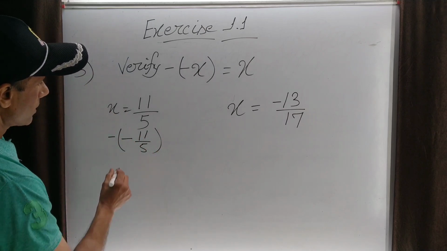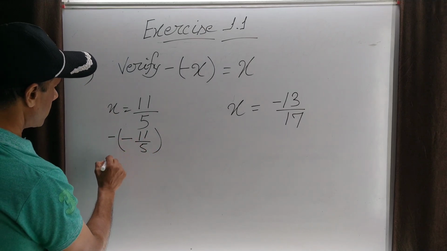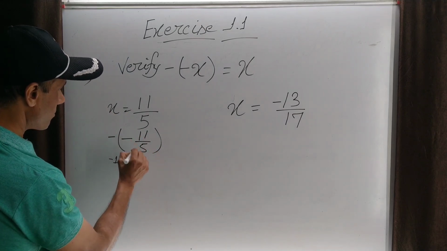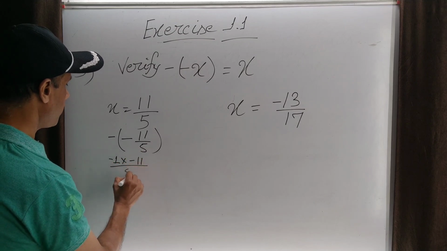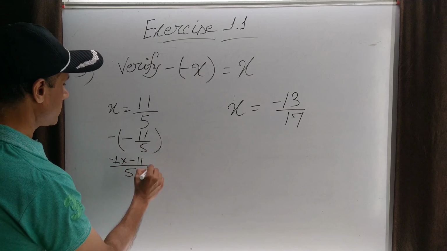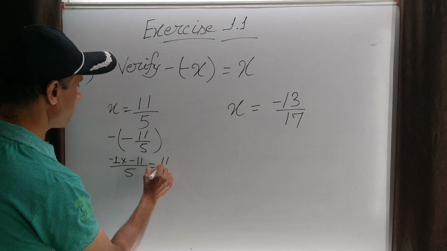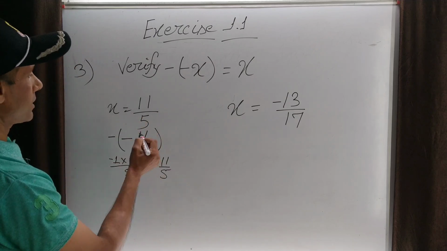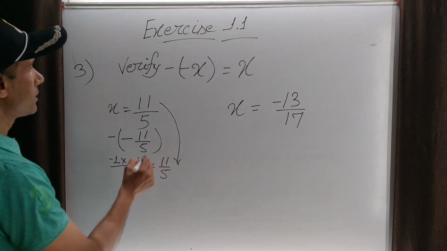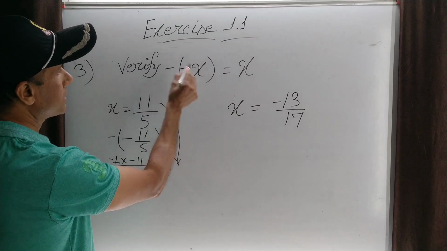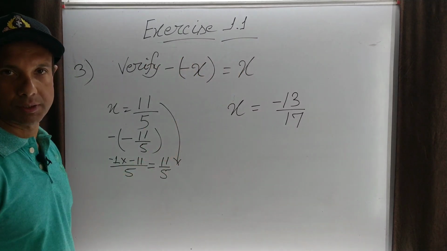Let's solve. We open the bracket. This means minus 1 into minus 11 by 5. Minus minus is plus. So this becomes 11 by 5. This is the value of x. So we have proved that minus of minus x is equal to x.